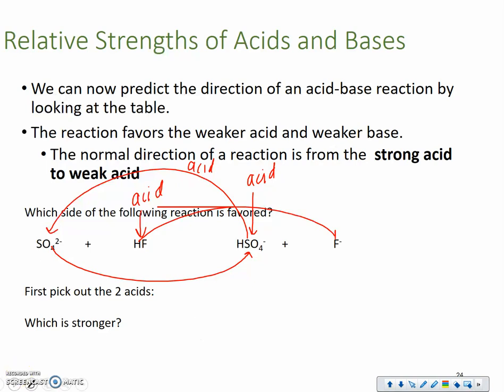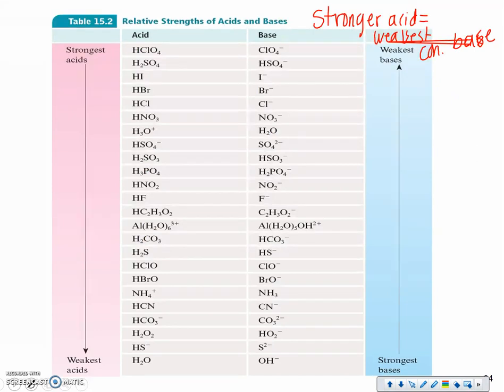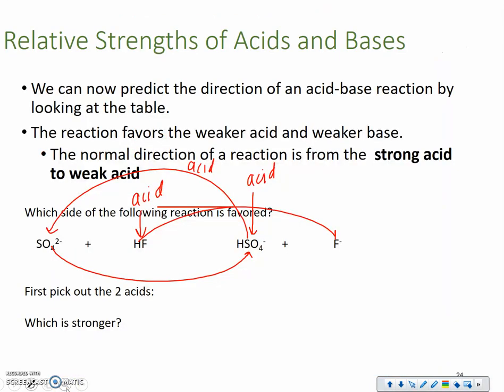If we look at these two acids we've labeled, our HF and our HSO4, on our chart, HF is weaker, HSO4 is stronger, which means it is more likely to lose the hydrogen. So it is more likely to go in this direction, losing the hydrogen, versus HF, which is weaker. Only a few of them want to lose their hydrogen.